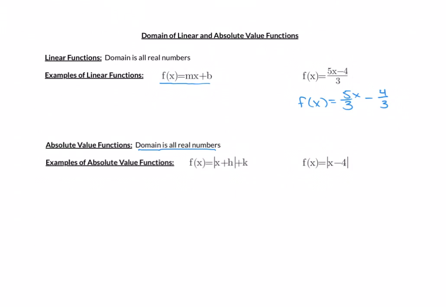So for instance, f of x equals the absolute value of x minus 4. Our domain is still all real numbers. You can plug any number in for x and get an answer. We're only going to talk about domain. Range of absolute value functions is where we get into a little bit more computation, and we will not be responsible for that.